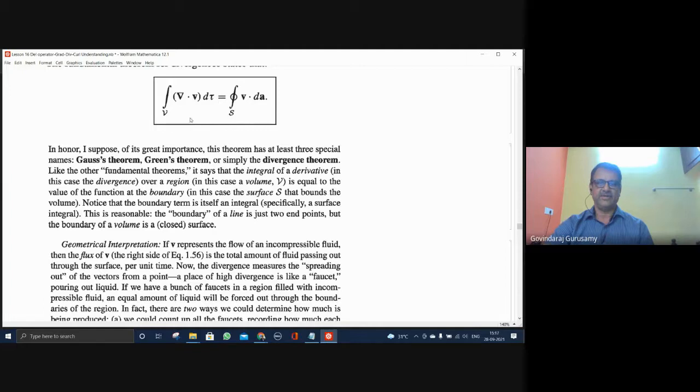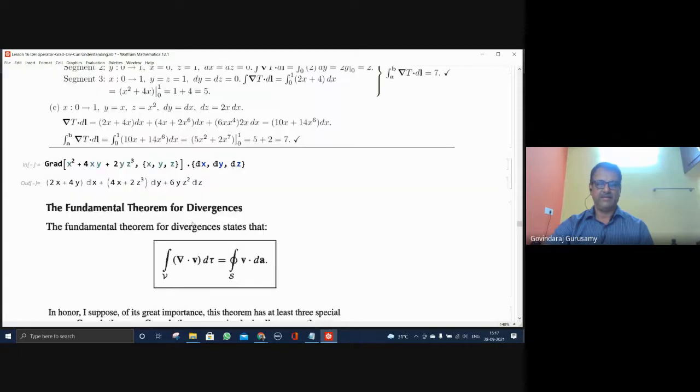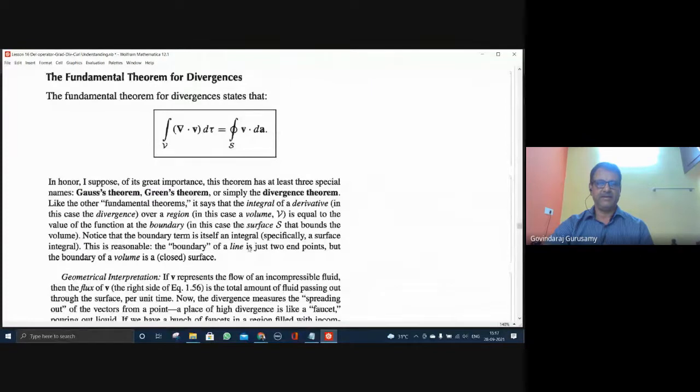So this vector V sits here, with dA in a surface integral. If I combine it with the gradient, in this case divergence, integral over the volume, I have the so-called fundamental theorem of divergence. Volume connecting to the surface integral.